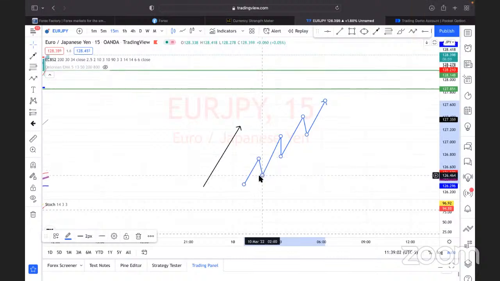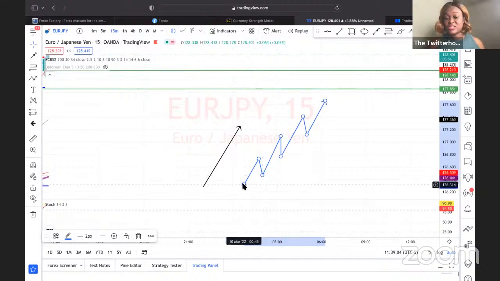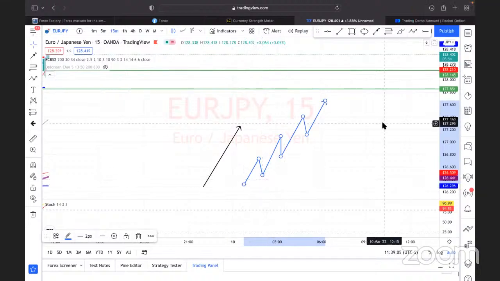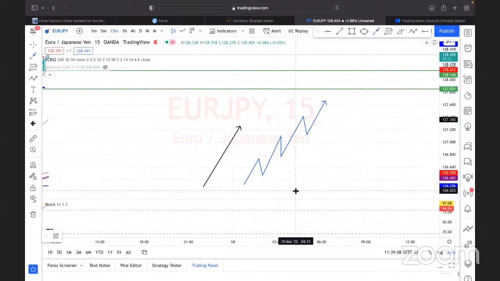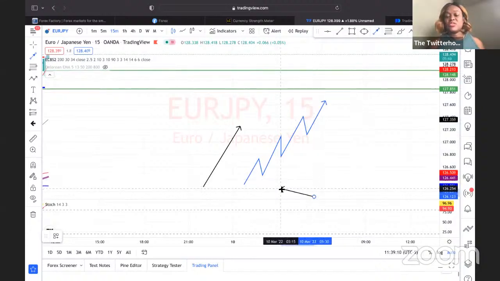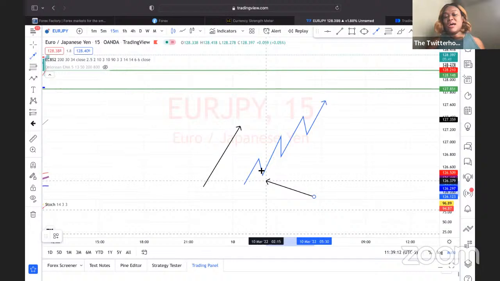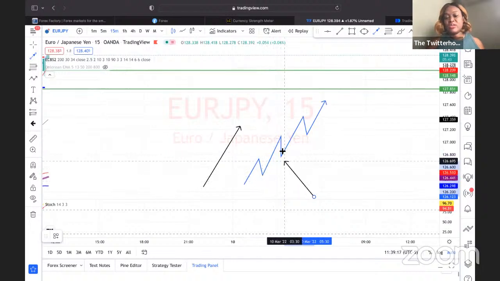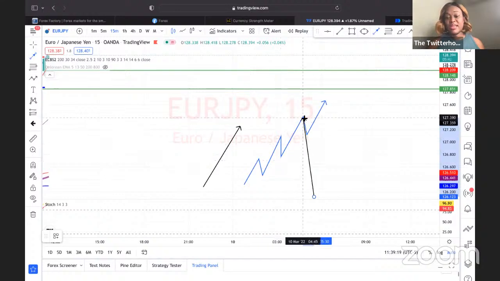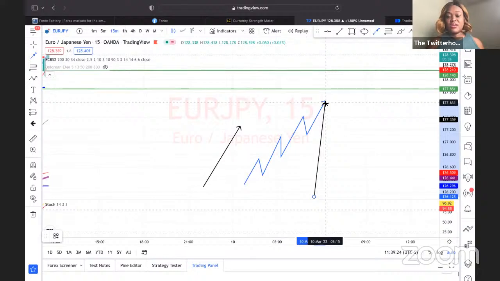It's a higher low because it's higher than this one, right? Okay. So that's how you know it's an uptrend. When there's a higher low, higher high, higher low, higher high, higher low, higher high. That's how you know it's an uptrend.